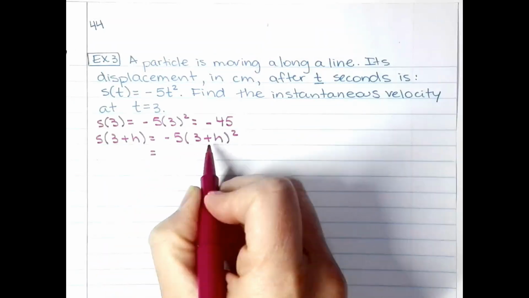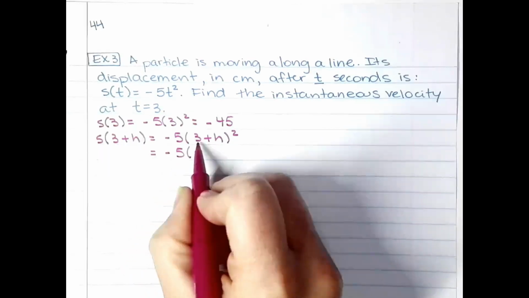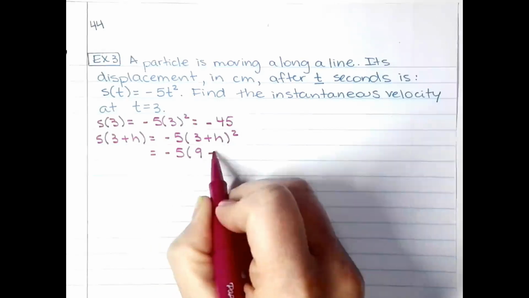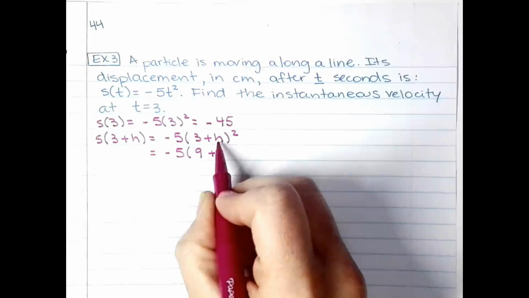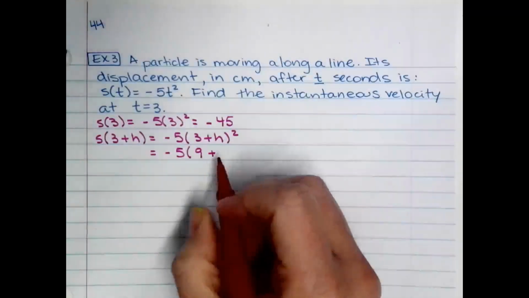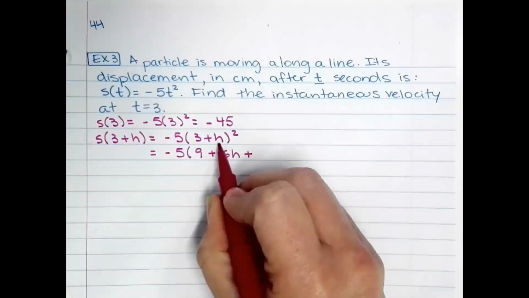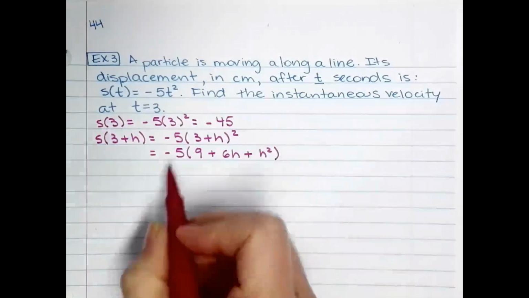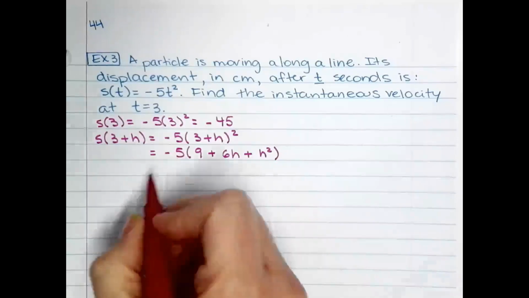We're going to expand the binomial here. So you square, you multiply, and you double. So 3 times h is 3h. You double, it's 6h. And then you square the last one. And then the final step on this one, you just need to distribute -5.